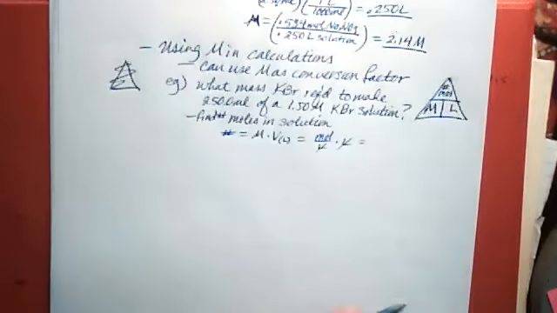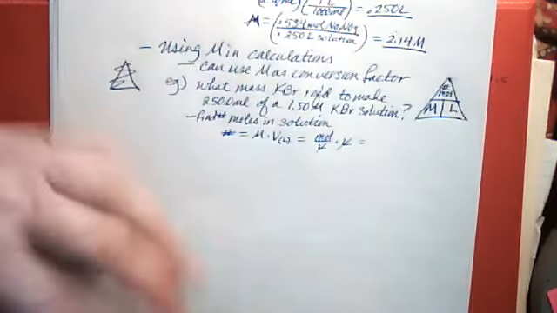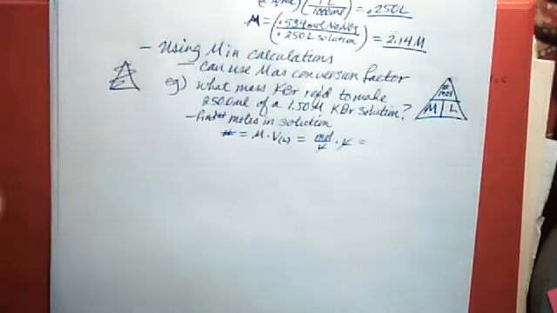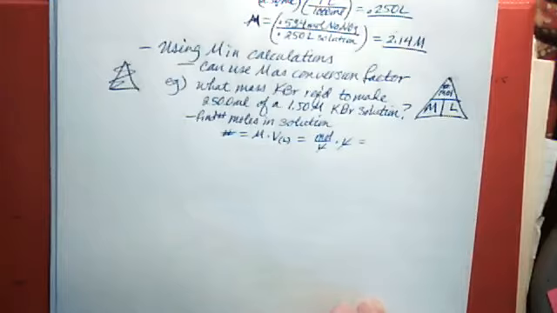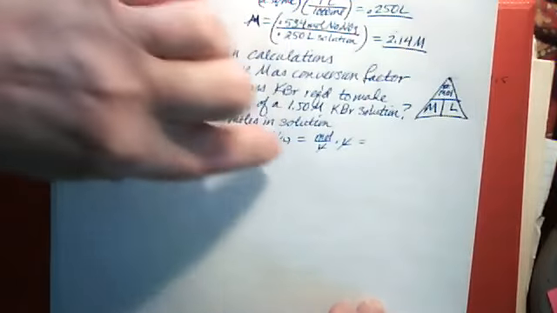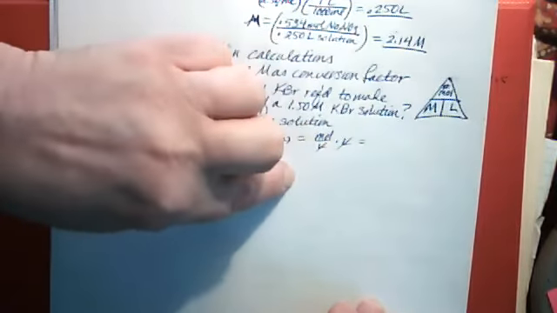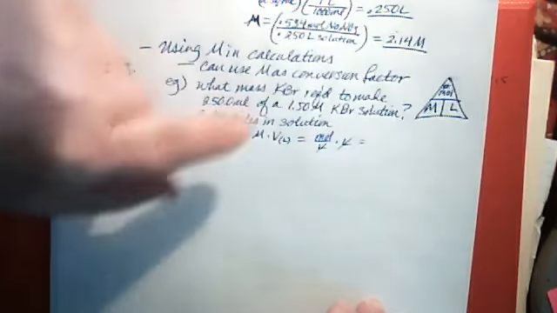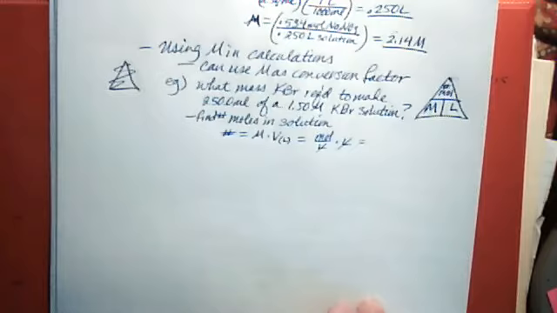A lot of times, if you're given a molarity and you have to do something mathematically with it, one of the best first things you can do is rewrite it as explicitly moles over liters. Instead of just 1.50 M, you could write that as 1.50 moles over liters.